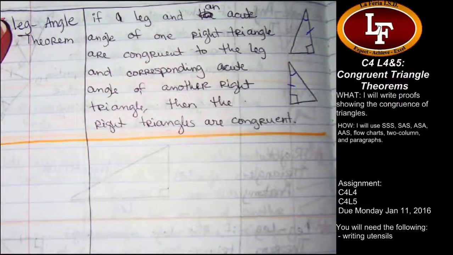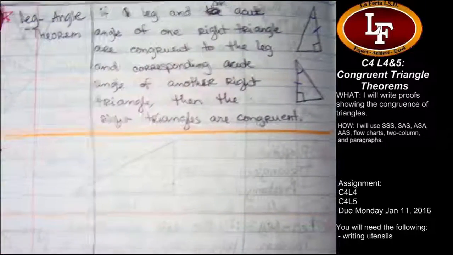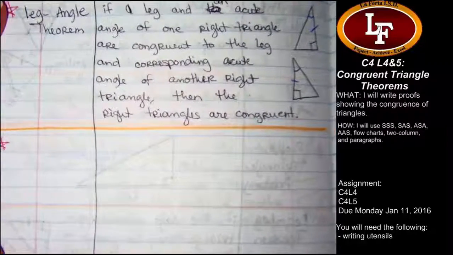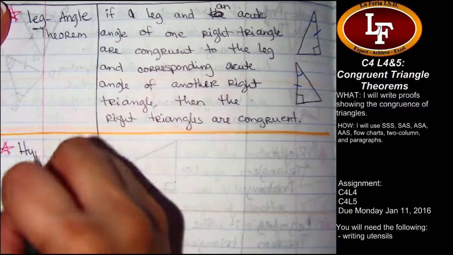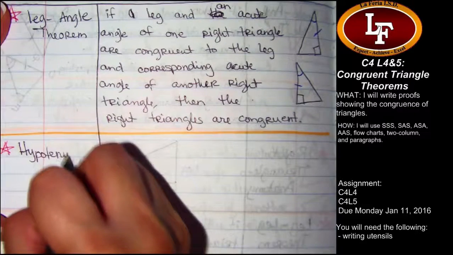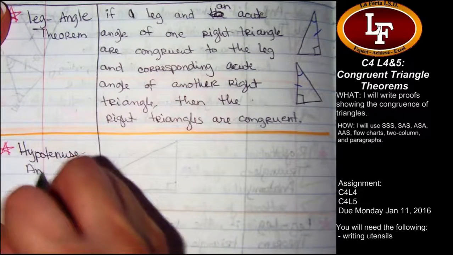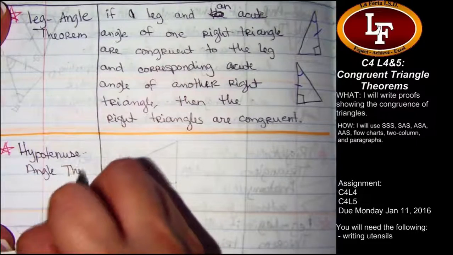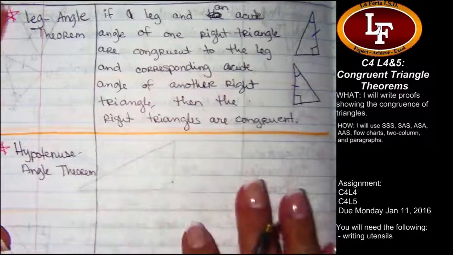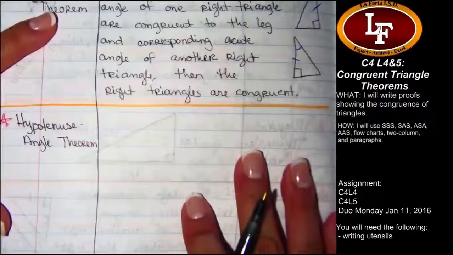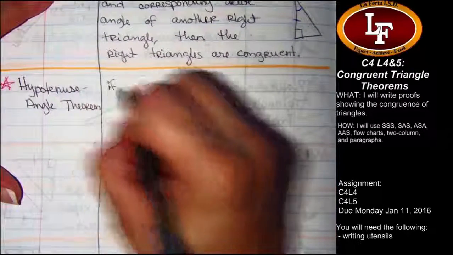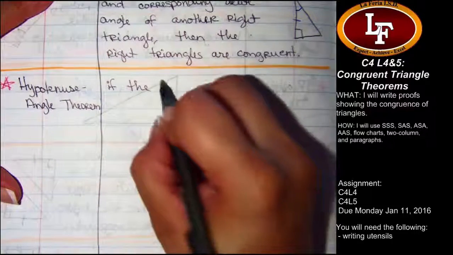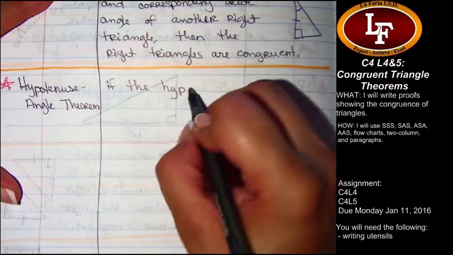Last theorem. Our last theorem is the hypotenuse angle theorem. Can you guess what the setup is going to be on this one? Hypotenuse corresponding with. Yeah, something about a hypotenuse and one of the angles. You're right.